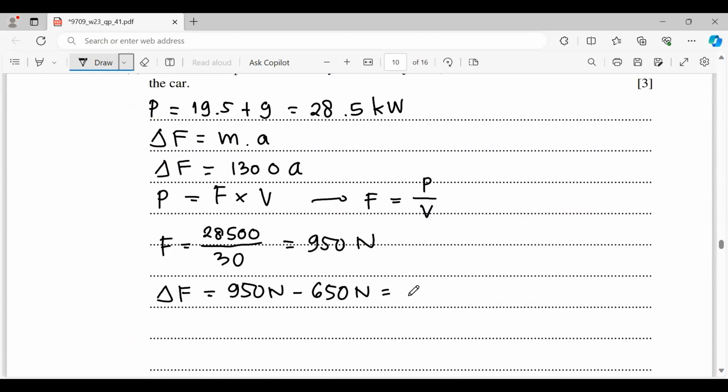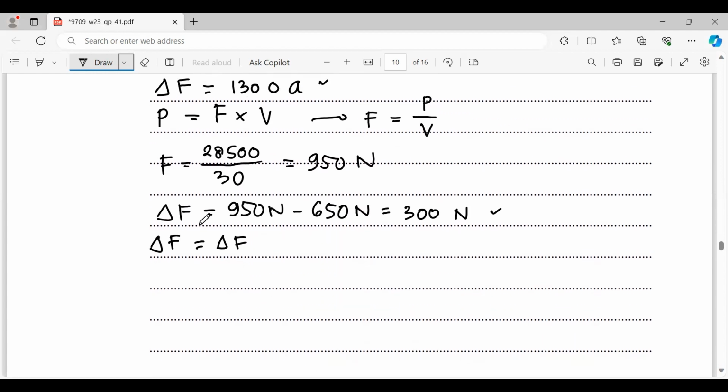So it is 300 newtons. This is delta F. So delta F equals delta F. It means 1300 A equals 300 newtons.